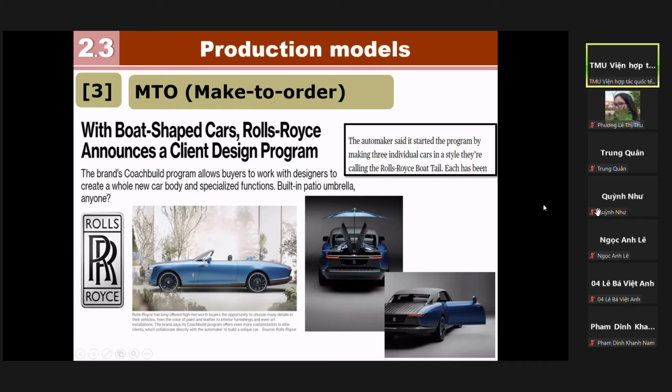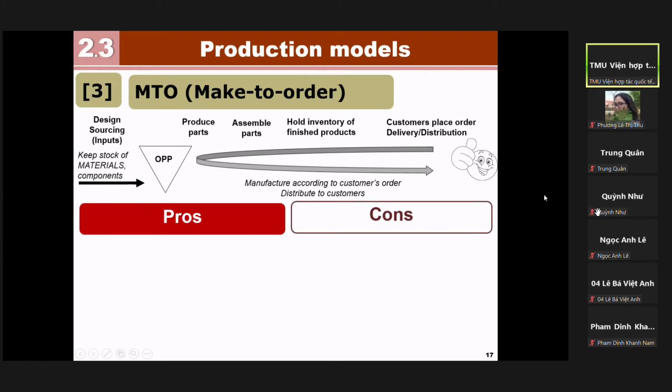Yes. So now I would like to ask, from that, please think about what are the advantages and disadvantages of this model. What are the advantages and disadvantages of the MTO production model?